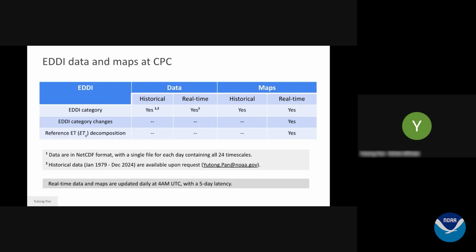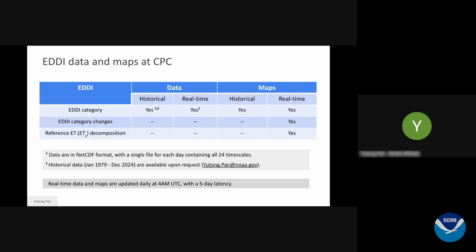All EDDI category data are available in NetCDF format with one file per day that includes all 24 timescales. And the historical data can also be provided upon request.